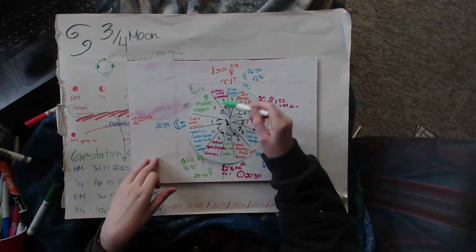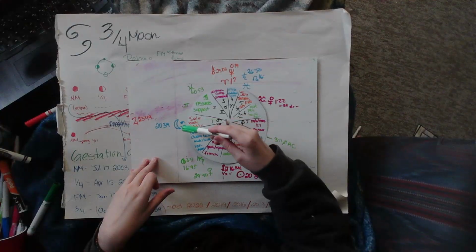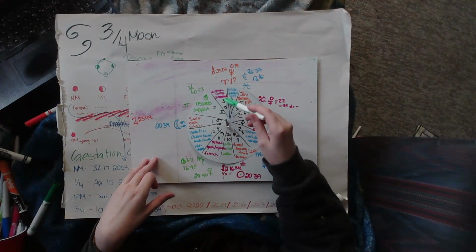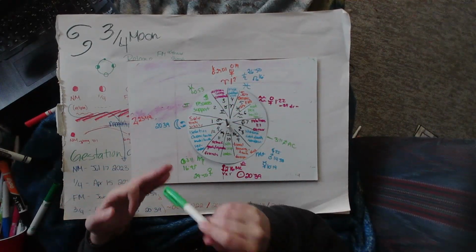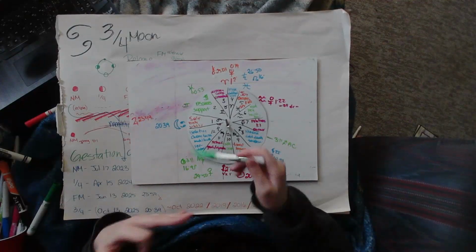For Taurus risings, this Cancer third quarter moon is happening in your third house of siblings, neighbors, regular daily life, the stuff you do normally.